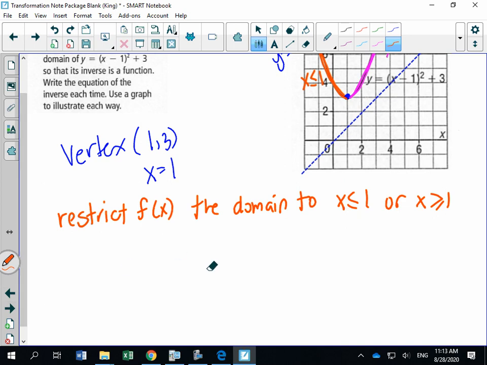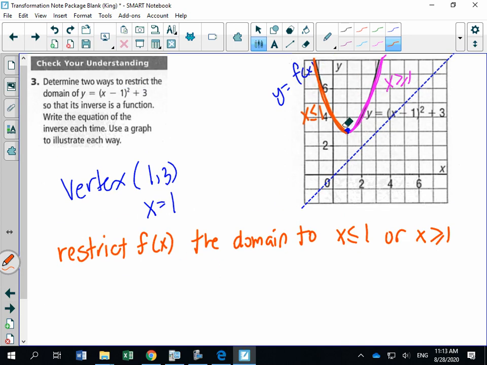And again, this red graph here, if I was to just do the inverse of this, the vertex would be at 3 comma 1, right? And what was that other one? Negative 1 comma 7 is 7 comma negative 1.